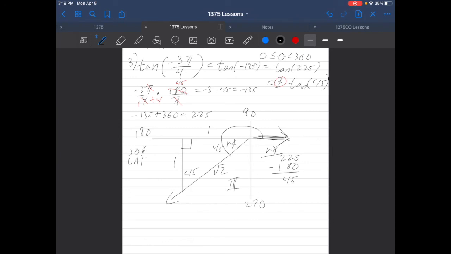SOHCAHTOA, tangent is equal to opposite over adjacent. Opposite is over here, that's 1. Adjacent over here is also 1. So that means the tangent of 45 is equal to 1 over 1, which is equal to 1.